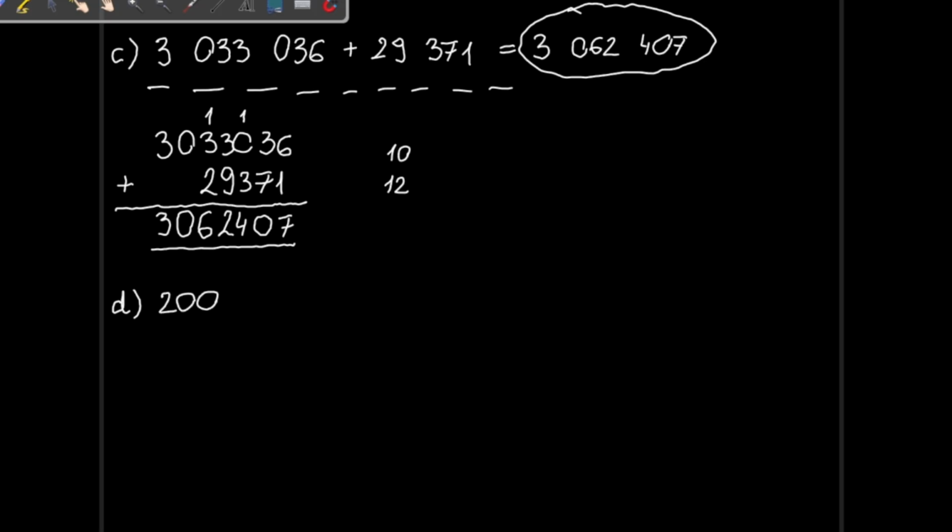This one is just going to be two 6-digit numbers being added together. So we have 200,452 plus 378,321.